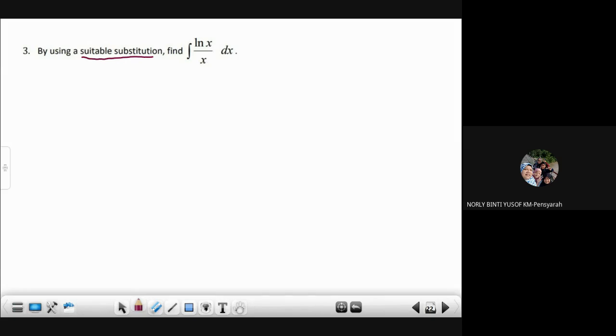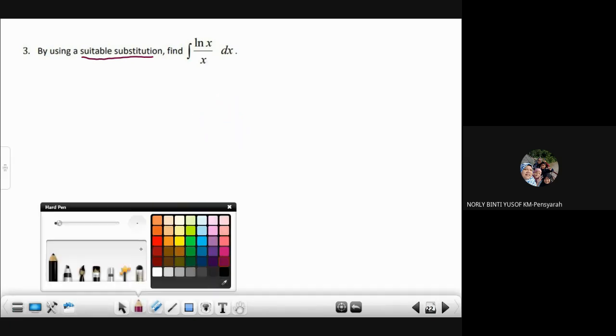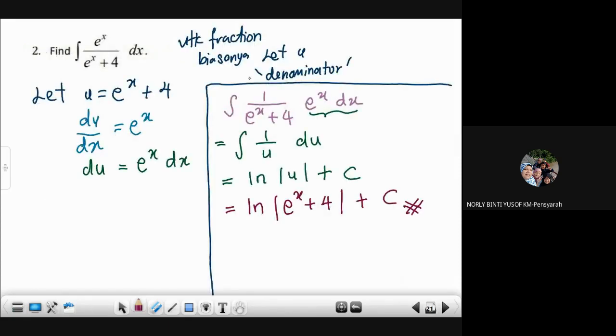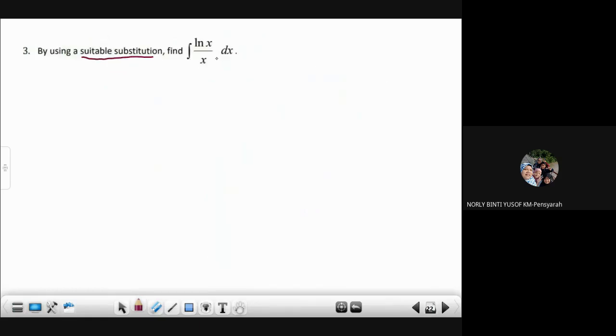So ini pun sama. You nampak macam dalam bentuk f prime x over f x kan, kalau you guna formula integration lah. Tapi sebab dah suruh guna substitution, so you kena pilih lah which one akan jadi u. Selalu kat sini macam tadi kan, kalau fraction selalunya u denominator, tapi kena tengok function. Macam ni memanglah function denominator tu x, tapi selalu natural log tu yang akan jadi u you.